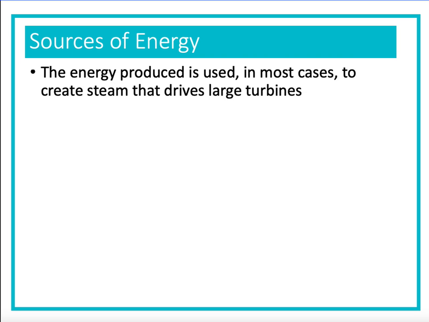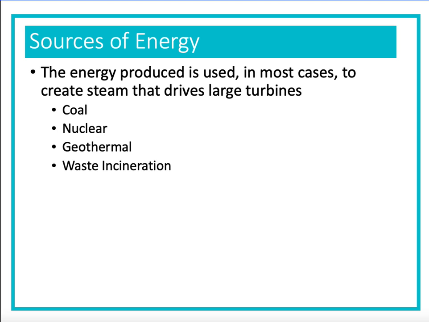Mostly, the energy is used to create steam, and the steam drives turbines. The types of station that use turbines are coal, nuclear, geothermal, waste incineration, solar thermal, and most natural gas plants.